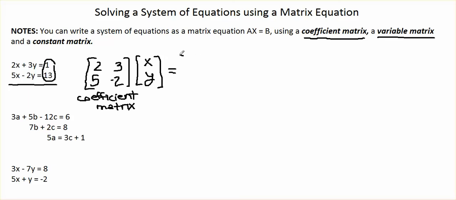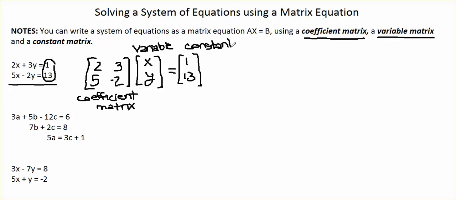So we'll create a constant matrix, 1 and 13. And this is the matrix equation that we would set up for this system of equations. This is our variable matrix and our constant matrix.